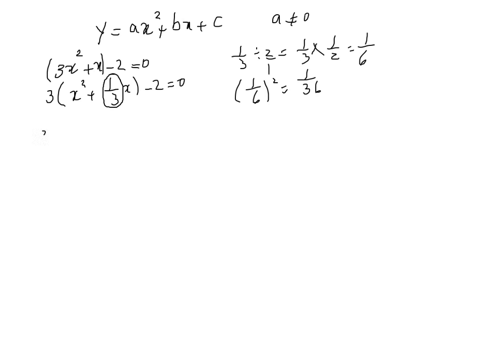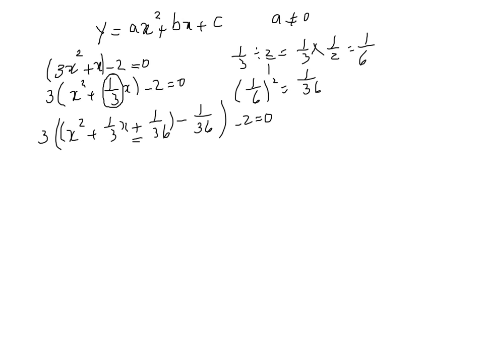So this becomes 3 open bracket x squared plus 1 over 3 x plus 1 over 36. Always remember, you add the first term first and then you subtract the term again. Minus 2 is equal to 0. Now, put a bracket around the first three terms.